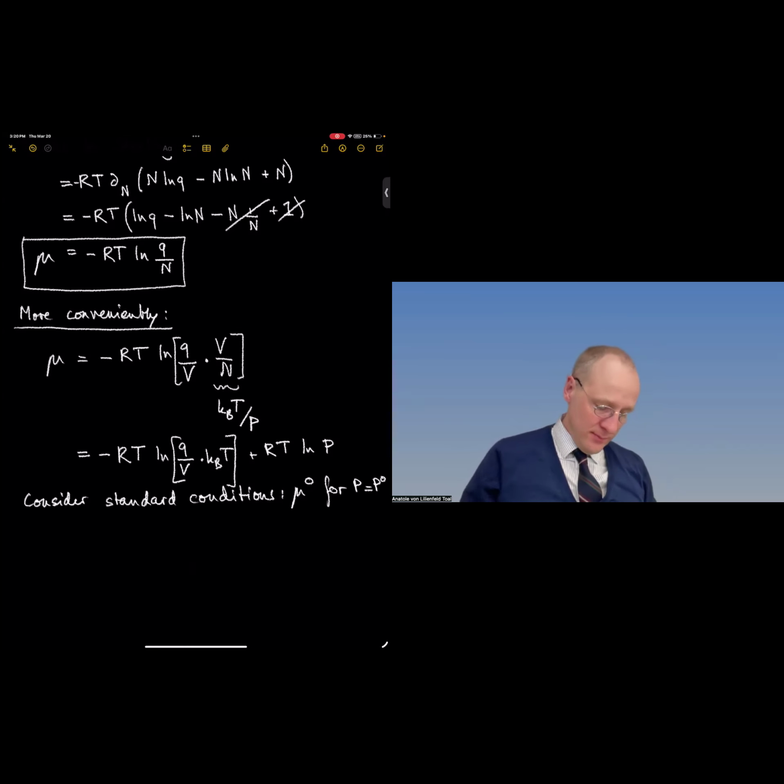Okay. This mu 0 is minus RT logarithm q over V kBT plus RT logarithm P0.